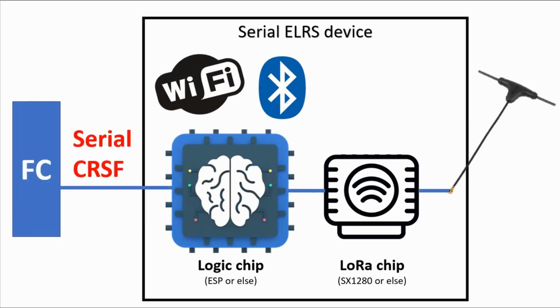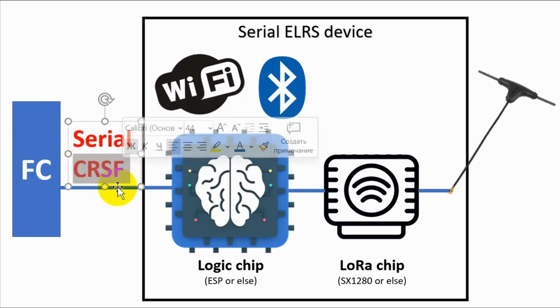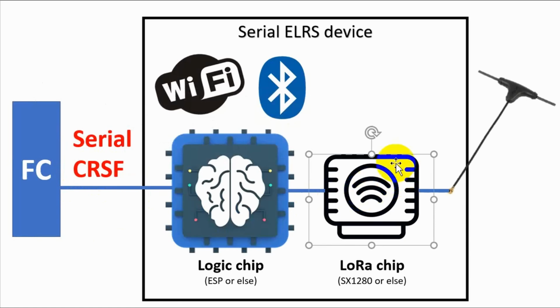And now, communication with the flight controller, and here we've got serial, which is UART. The communication between this chip and the flight controller is made via a serial interface that uses the CRSF protocol. Please do not mix up: CRSF protocol is something different from what we looked at before.